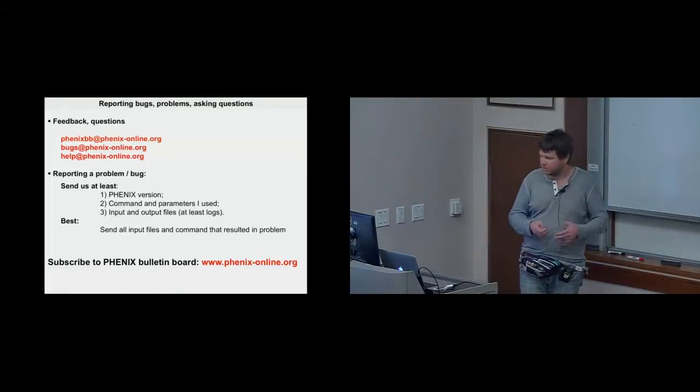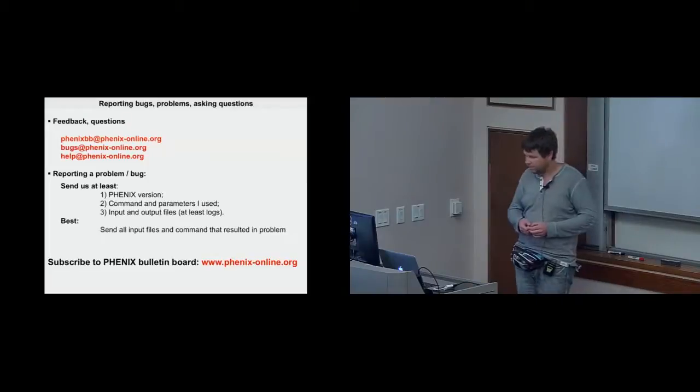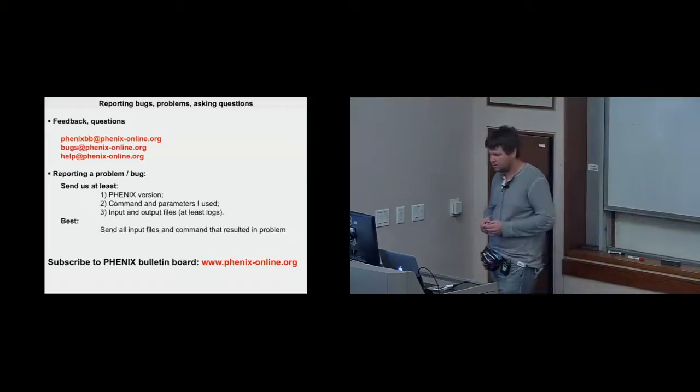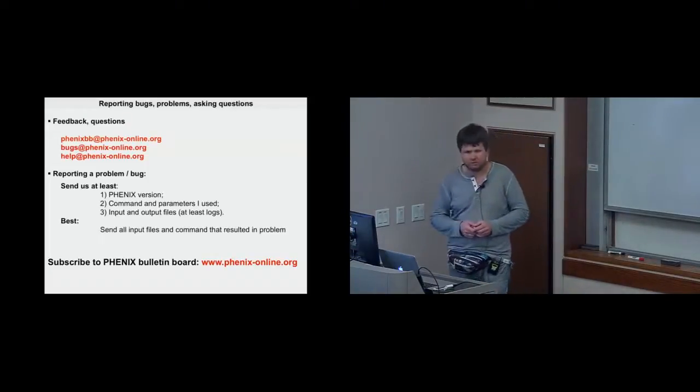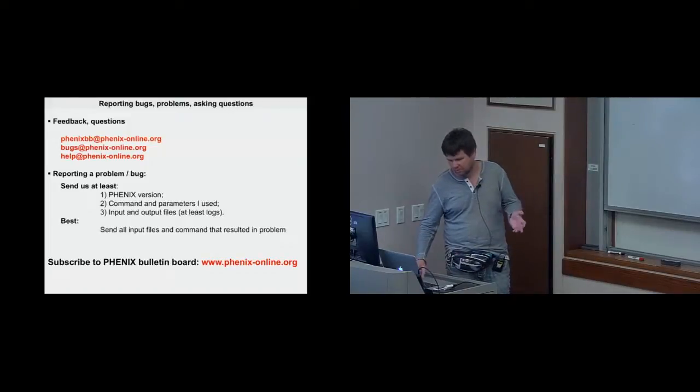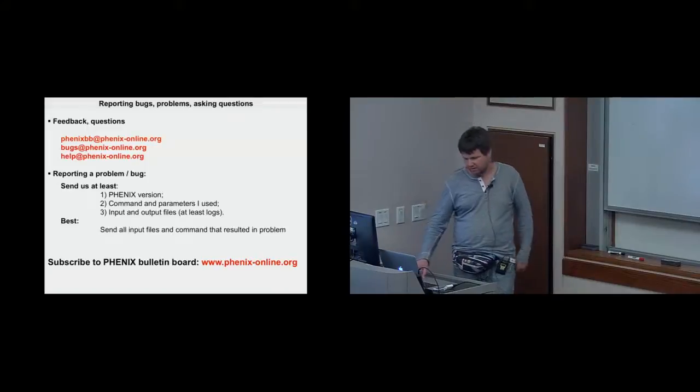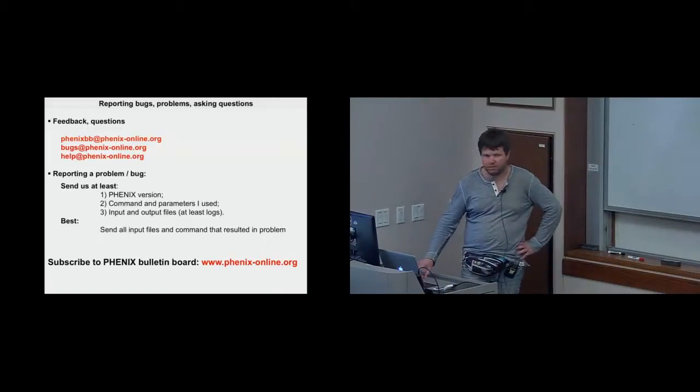Then I will do my best to reproduce the problem, and maybe I will go back to you and discuss things. If the problem is fixed, I'll tell you it's fixed, and in the next nightly build you'll have a fixed version of Phenix. So it's supposed to be very interactive, and it's very helpful for both sides.